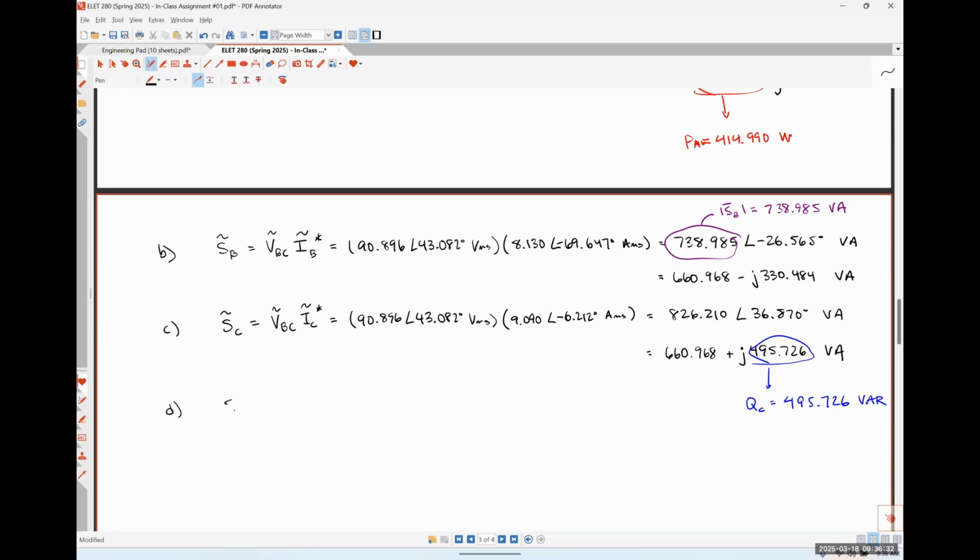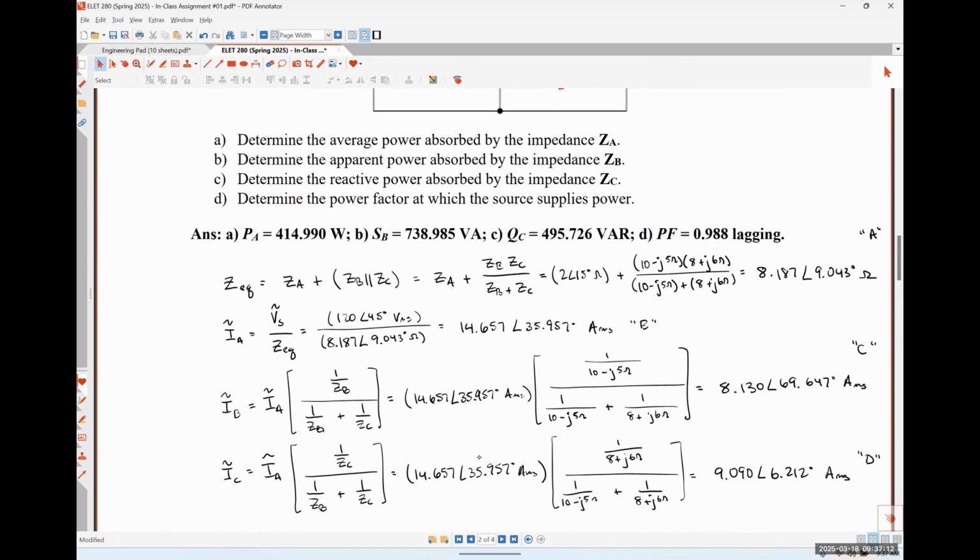So let's start with simply calculating our complex power the quote unquote normal way, okay? So that would be the voltage drop across the source multiplied by the conjugate of the current. Well, our source voltage, so that's just going to be VS times IA conjugate, right? So that would be 120 angle, I think it was 45 degrees, volts RMS. Let me double check up here. It's been so long.